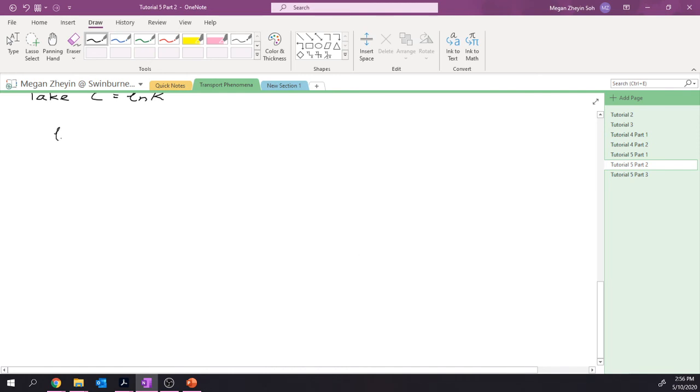Therefore, ln theta equals negative 2 beta square root of z plus ln k.